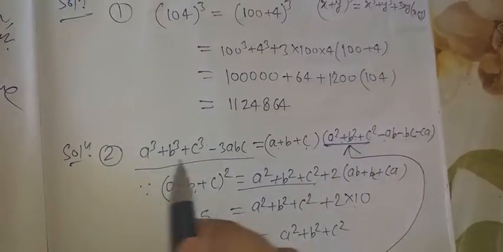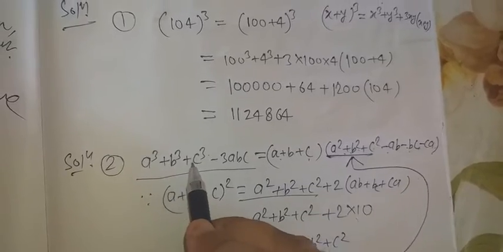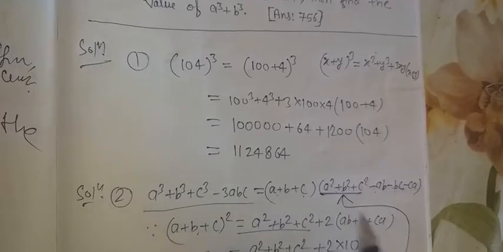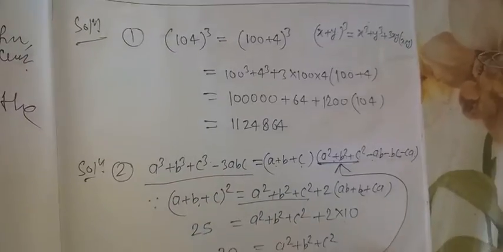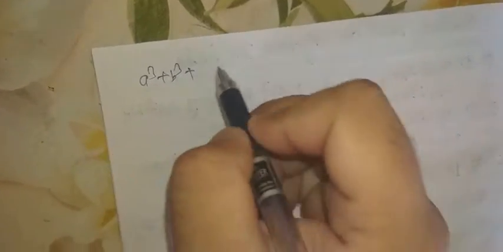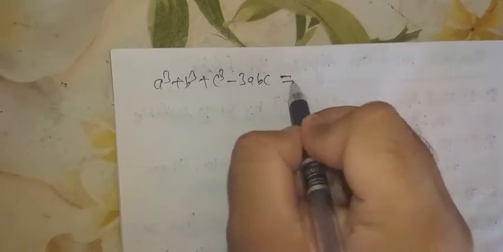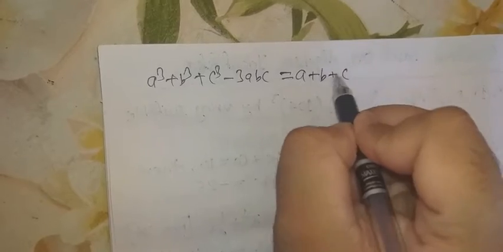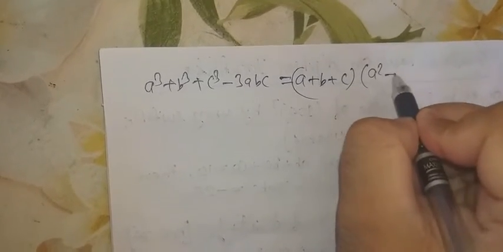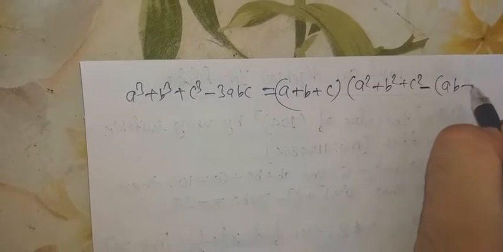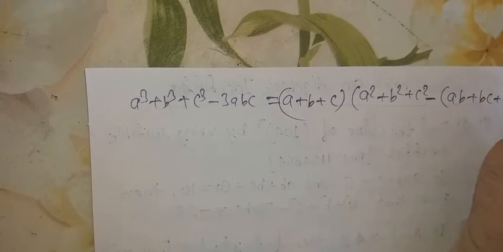Now you can find the value of a cube plus b cube plus c cube minus 3abc. a cube plus b cube plus c cube minus 3abc equals (a plus b plus c) into (a square plus b square plus c square minus the common value of ab plus bc plus ca).